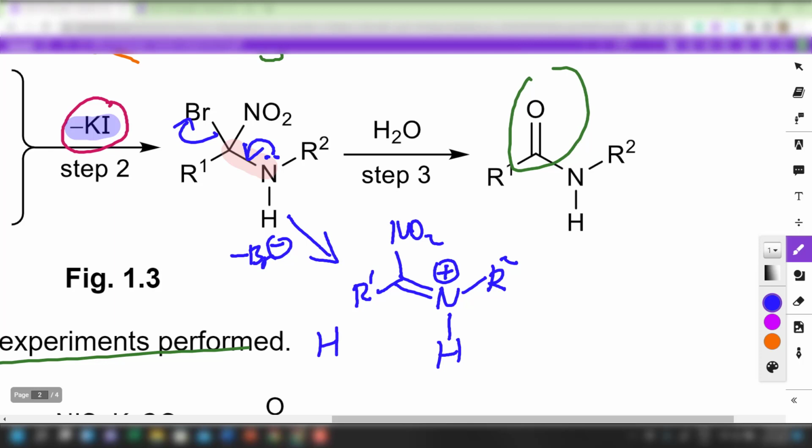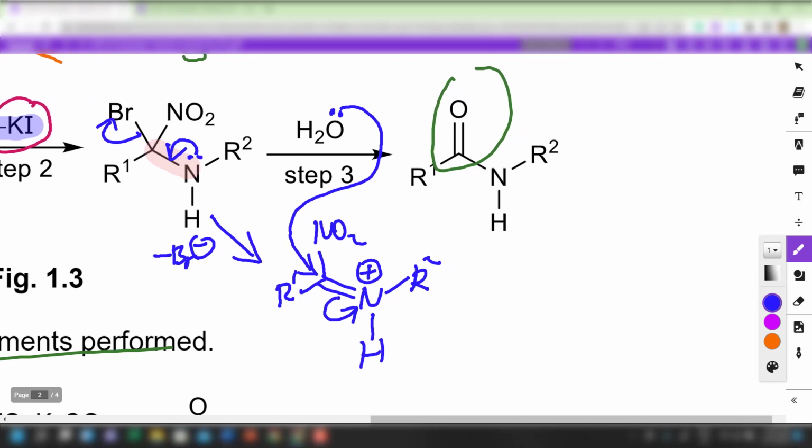So we can do the usual addition-elimination kind of mechanism, because we know that H2O contains a lone pair of electrons at the oxygen site. I'm just going to draw in the lone pairs of electrons over here, and then it will perform a nucleophilic attack on the electron-deficient carbonyl-like carbon, and in the process the CN pi bond will break towards the nitrogen.